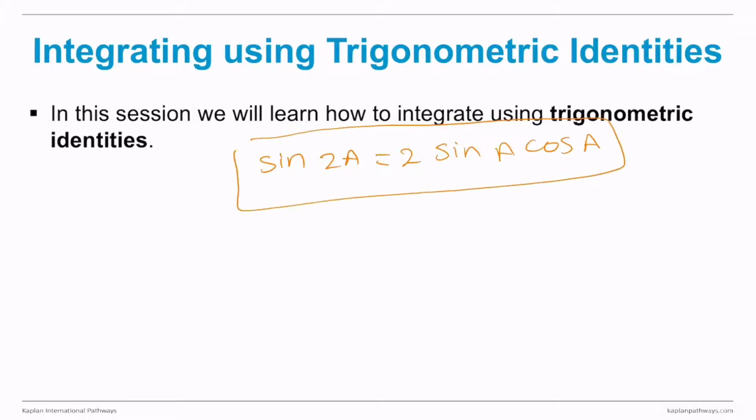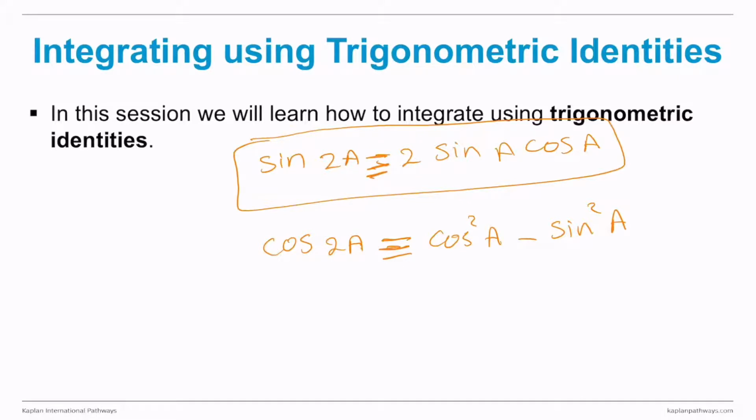So this is one of them, and there is cosine 2a, which is cosine squared a minus sine squared a. This is with the three lines because they are identities.